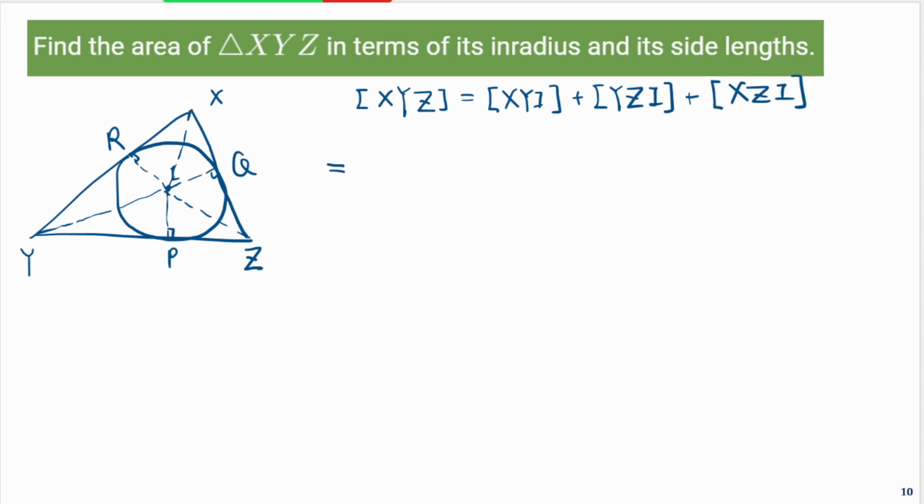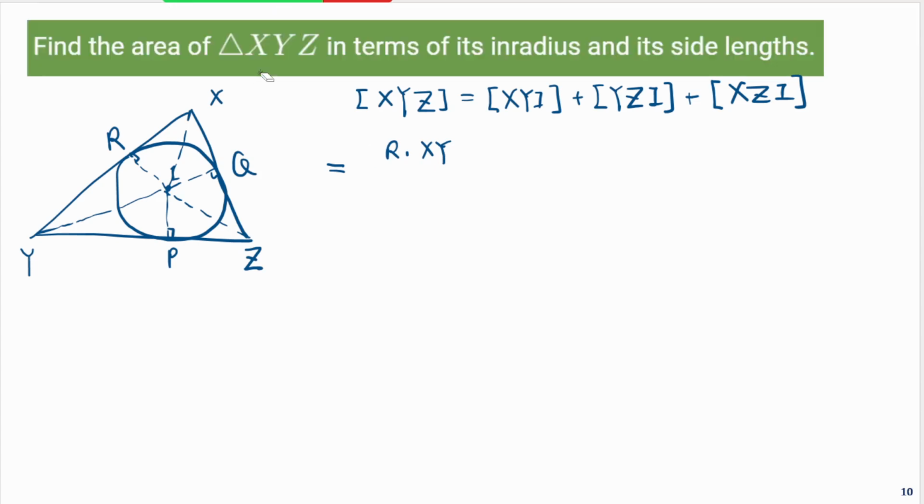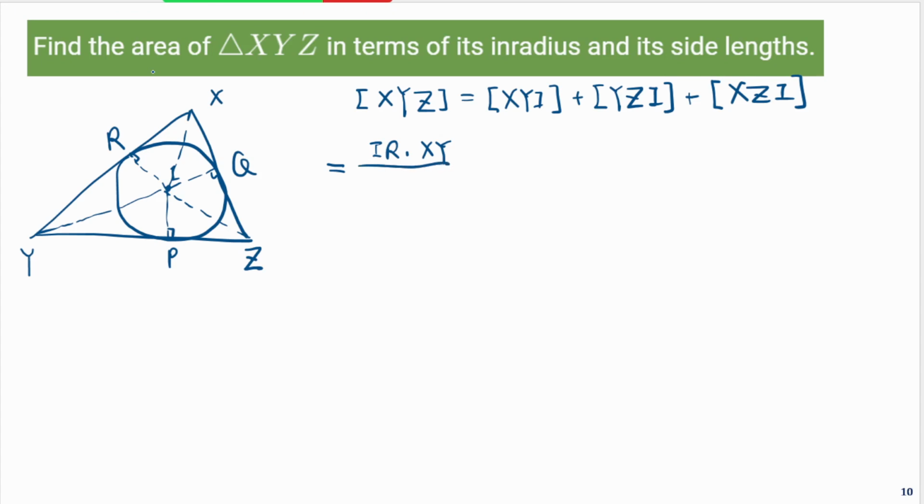The area of XYI equals IR times XY over 2, plus IP times YZ over 2, plus IQ times XZ over 2.